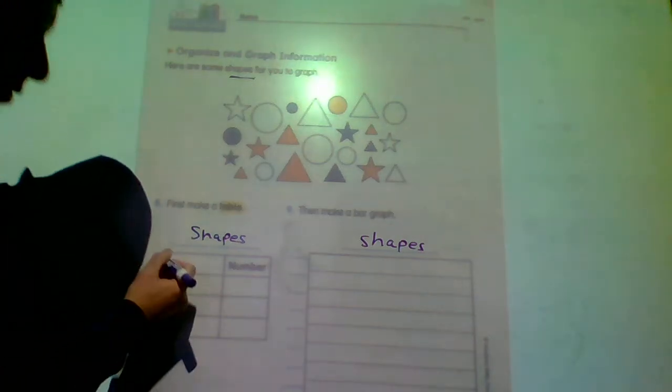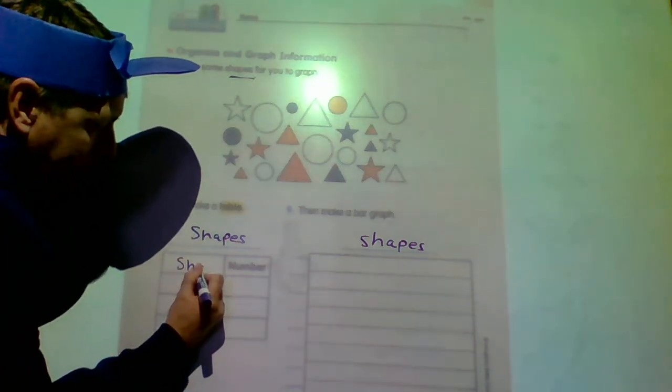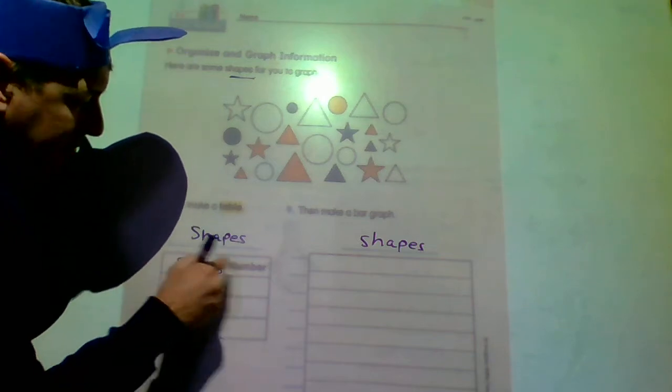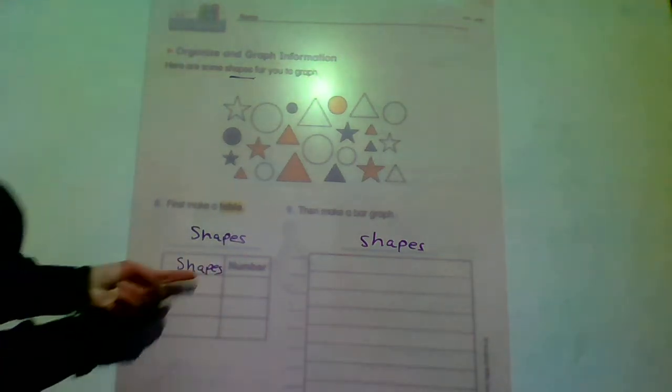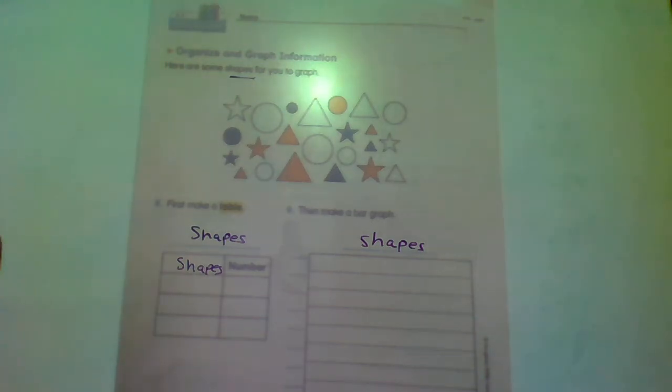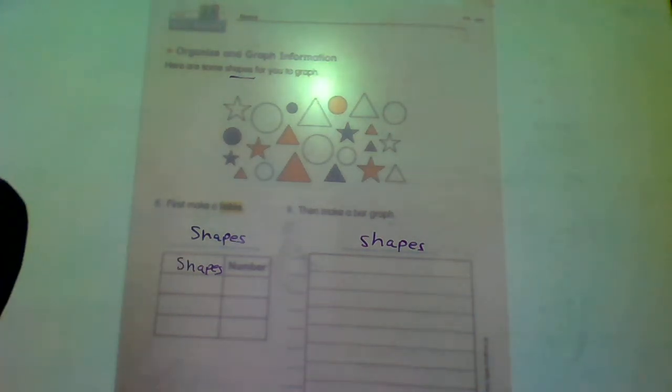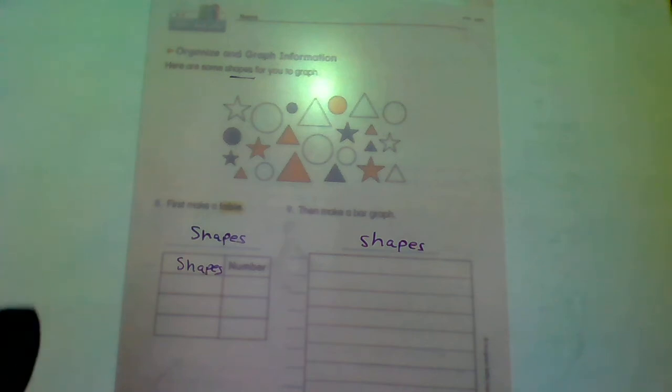Well, right here, if we put shapes and number, we only have 3 shapes to choose from that we can graph. So I think what we could do is do stars, circles, and triangles. What do you think?